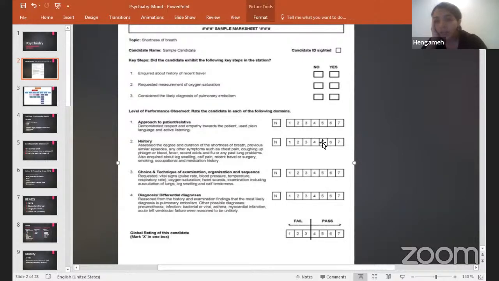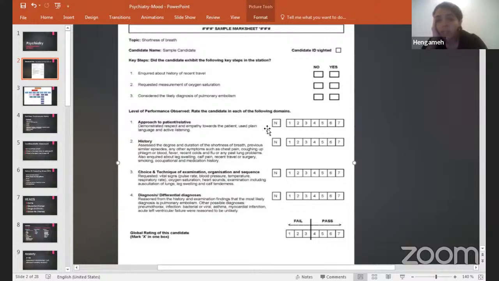Again, another thing that is mysterious about the AMC and no one knows is that a lot of people might think they just calculate an average, like let's say it's a 4, 3, 4, 5, 7, and then they calculate the average and that'll be the global score. That is not correct. The global score is the examiner's general assessment of our performance.